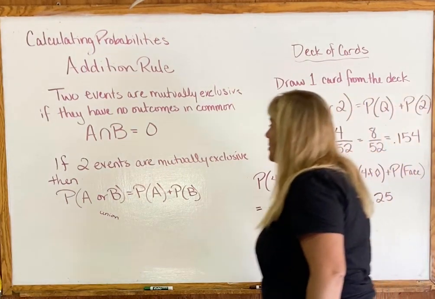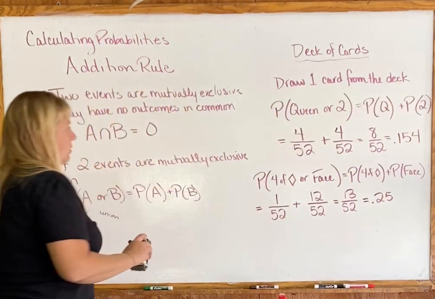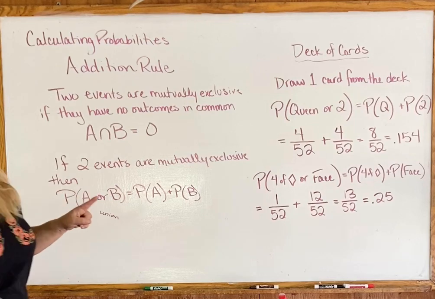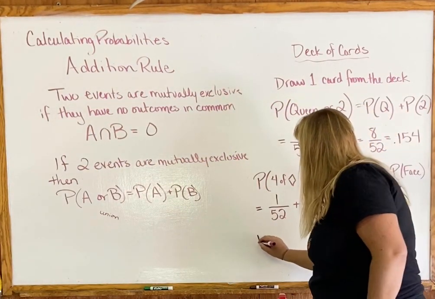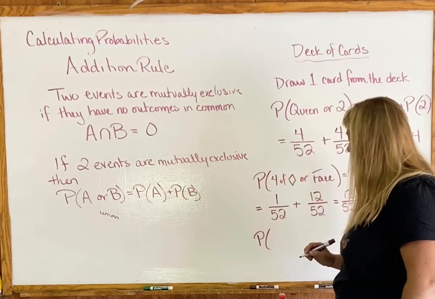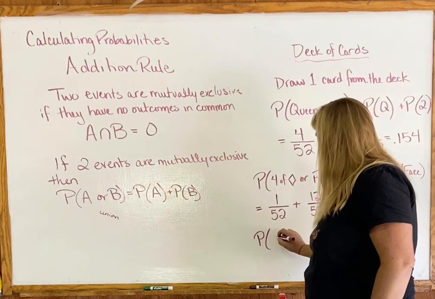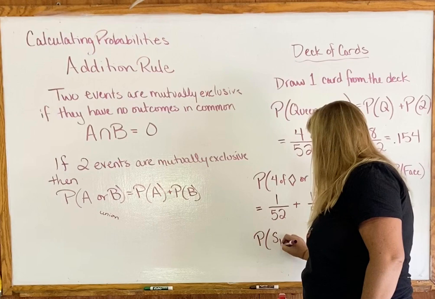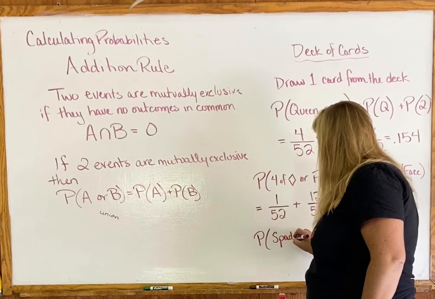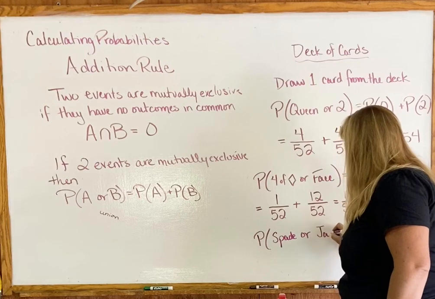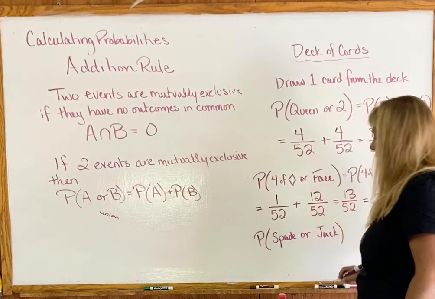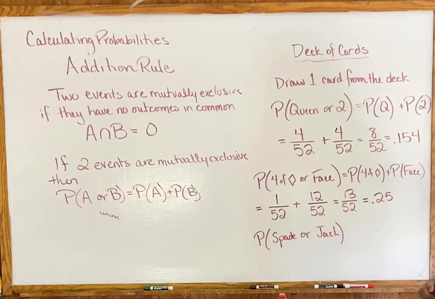Alrighty, so what happens though if the 2 events are not mutually exclusive? So let me just write up another example here. What if I wanted you to find the probability of getting a spade or a jack? A spade or a jack.